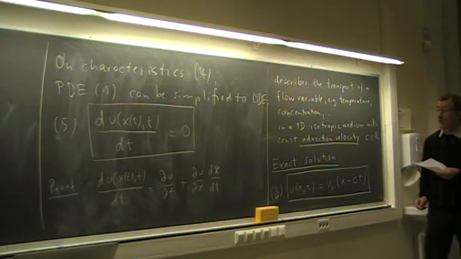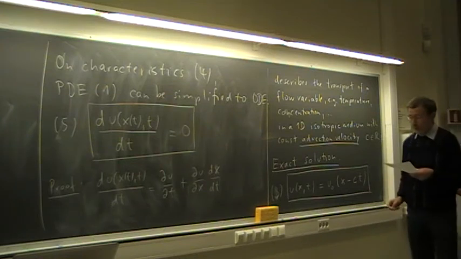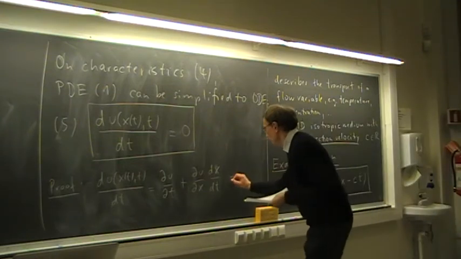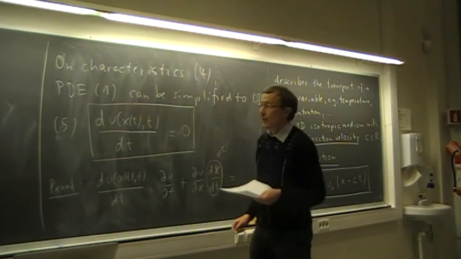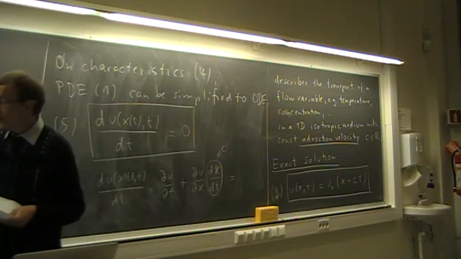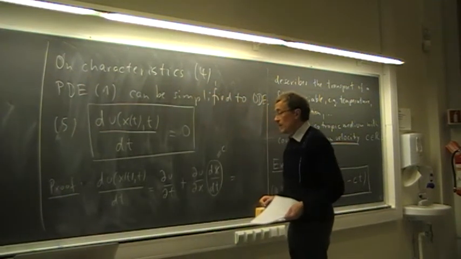And if we are on a characteristic, then the dx dt is equal to c. So this here is then, if we are on a characteristic, equal to c. And then we have the PDE.